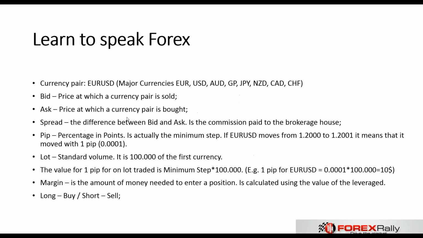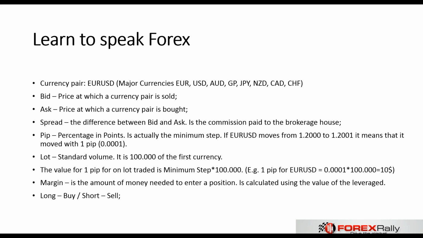Let's go on and talk now about Forex language. I'd like you to know what a currency pair is. I believe that you have already met this term. Let's take an example, euro dollar. This pair is formed from the euro, the European Union currency, and the US dollar.